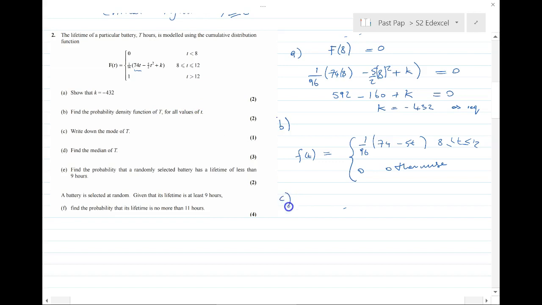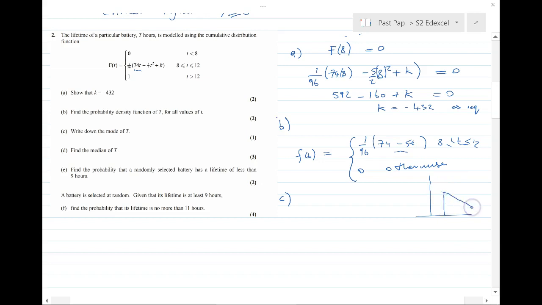Part C. Write down the mode. Well, we need to have some kind of picture of what this looks like. You don't need to sketch it, but you've got to have a picture in your head. I'm going to sketch it just for the purpose of demonstration here. Our PDF will look like this, going downwards because it's got a negative gradient.